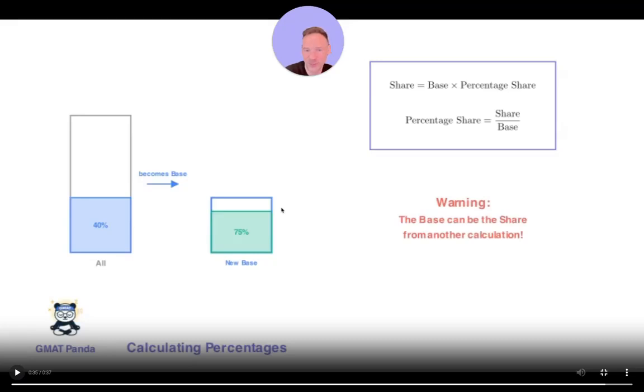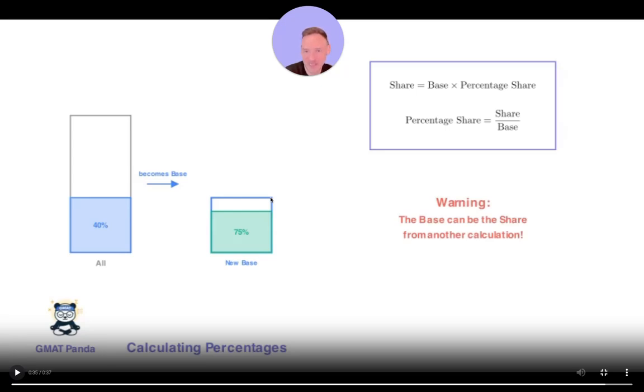And notice that in this case, that 40% may look like it's a percentage share because it's got a percentage at the end. But what we would do here is calculate 75% of 40%.